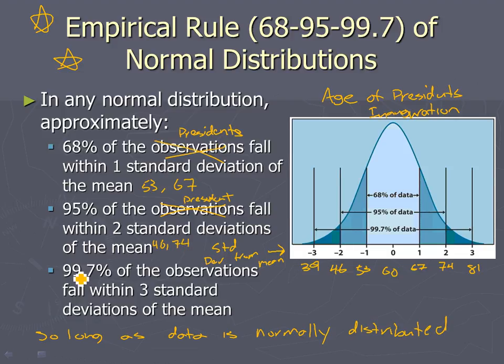And we would say 99.7% of our presidents are going to be between the ages of 39 and 81. This is the empirical rule of normal distributions. 68, 95, 99.7. Definitely write down these three if you haven't gotten them down yet.